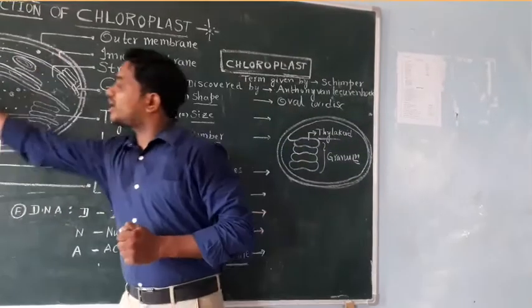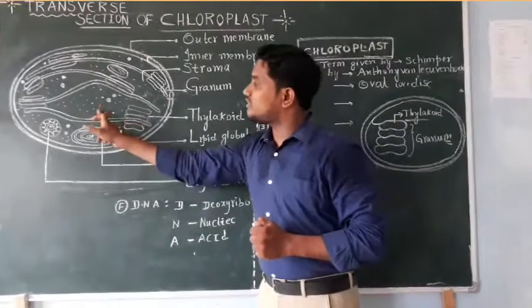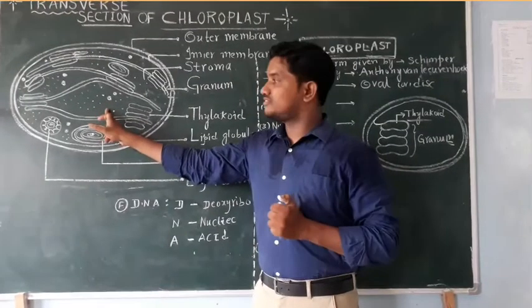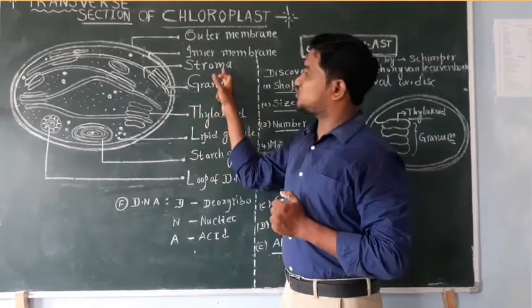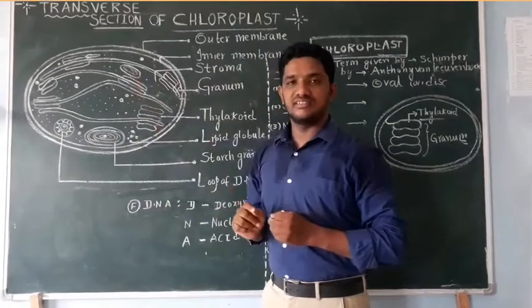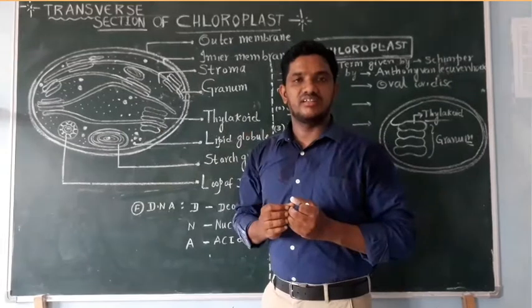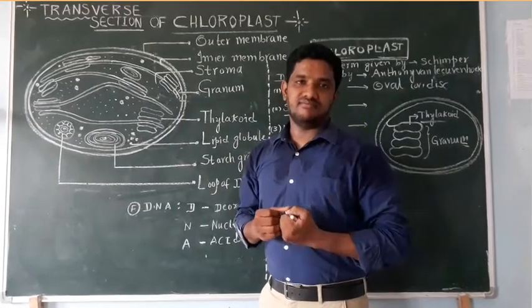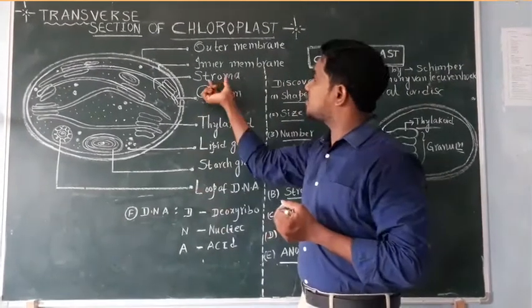Inside, the chloroplast has a fluid filled portion that is called stroma. The entire chloroplast is filled with fluid material called stroma.